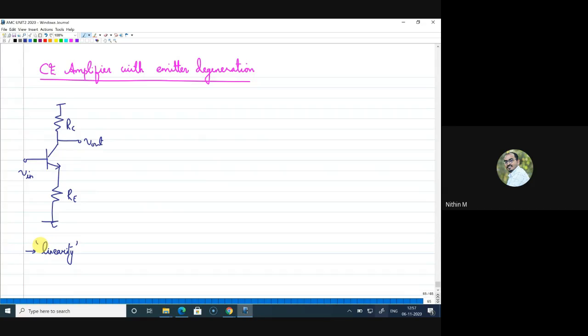Anyway, let us try to find the voltage gain of this circuit by keeping the small signal model into consideration. So can you guys work it out and tell me what is the voltage gain of the circuit?